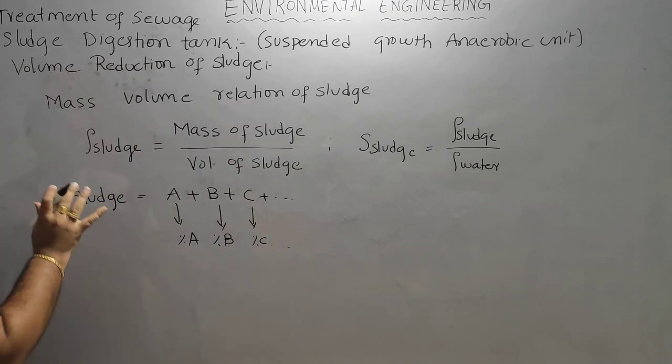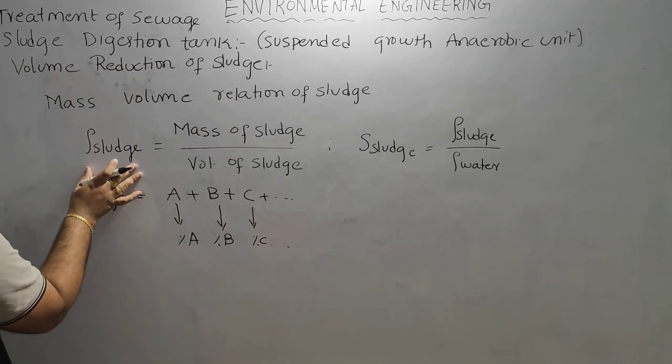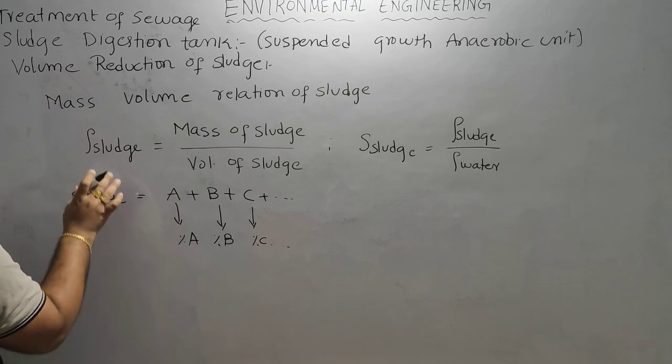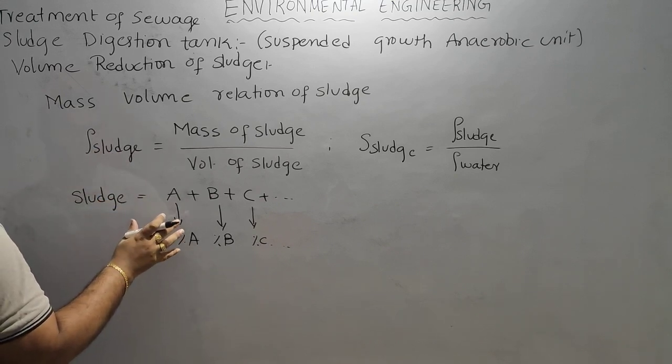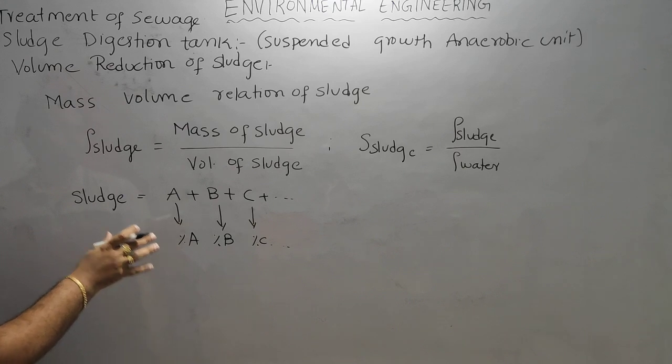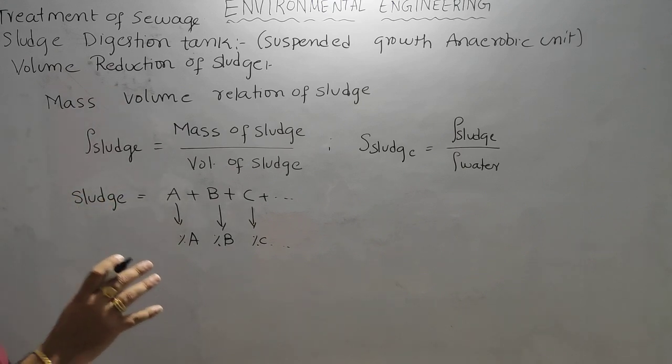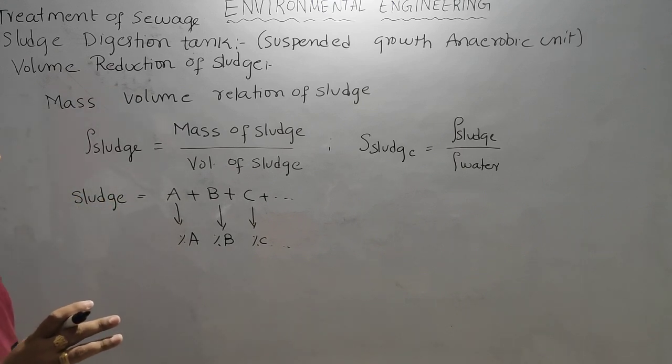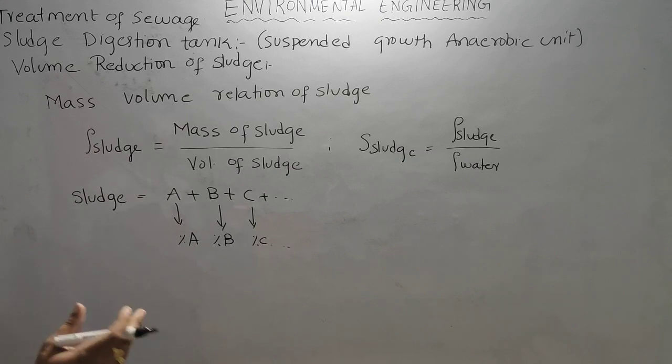So the density of the sludge depends on the densities of its components. Sludge is a combination of different materials, and the organic matter may come from any material.